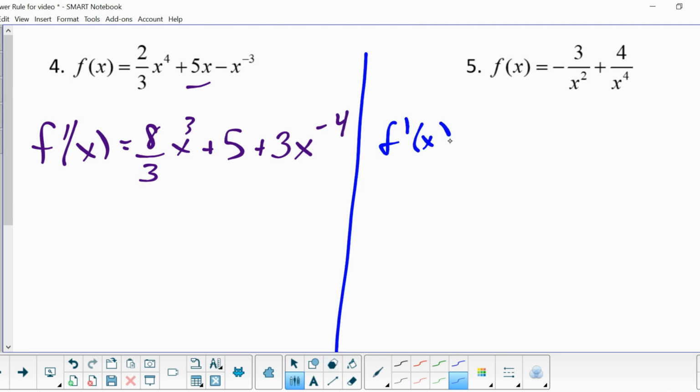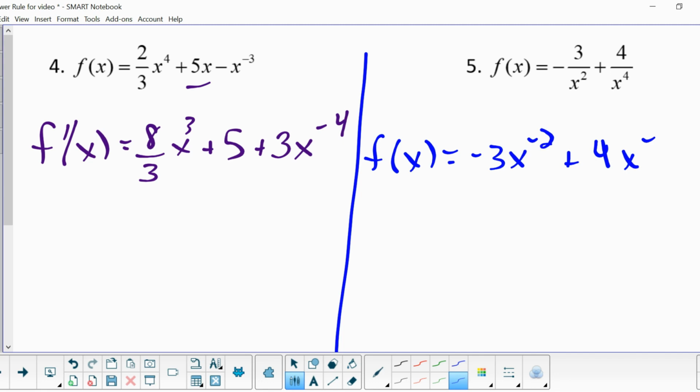Number 5. I prefer to rewrite these as negative exponents and then switch them back later on. So let me rewrite this: negative 3x to the negative 2 plus 4x to the negative 4. And then I'm going to take the derivative of this. So that becomes a positive 6x to the negative 3.